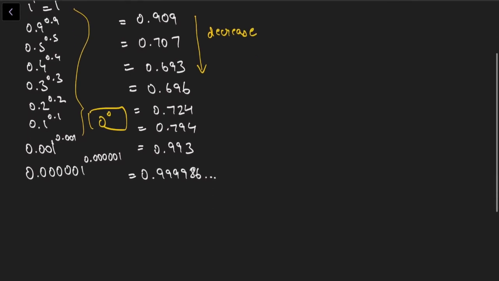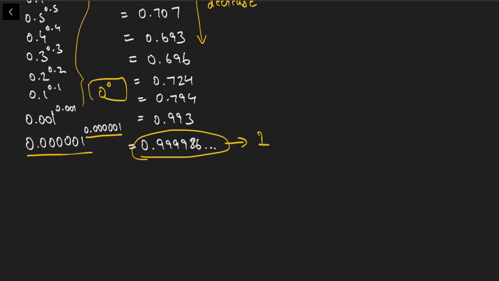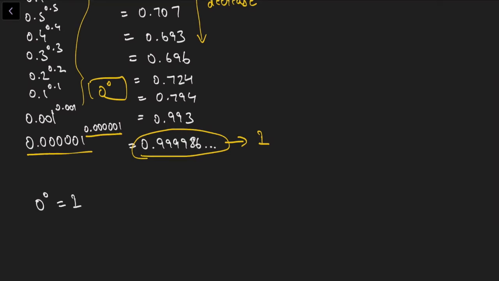So you can see that as we're getting the base to 0 and the power to 0, as we're decreasing it, the answer is coming closer to 1, after each and every step. And this gives us the idea that 0 raised to 0 must be equal to 1.